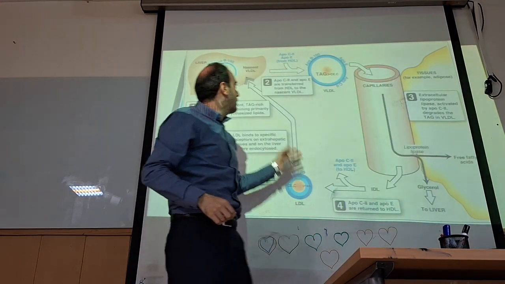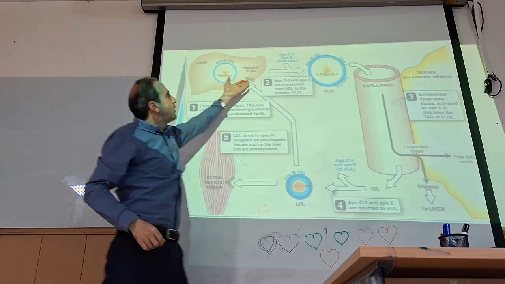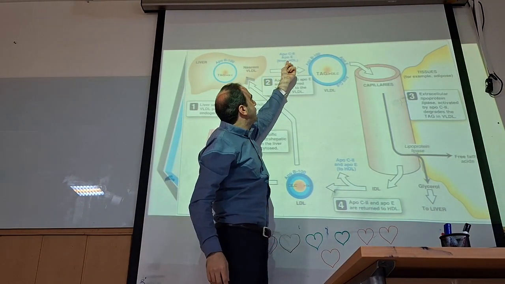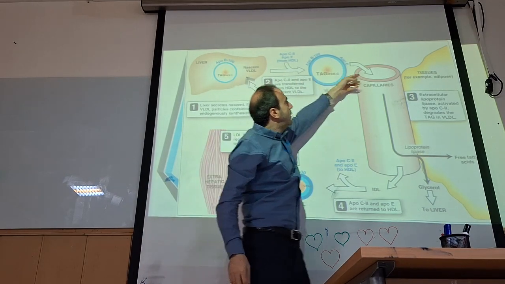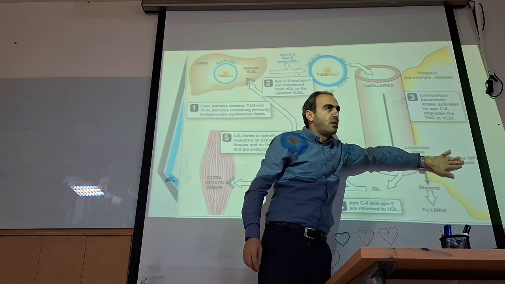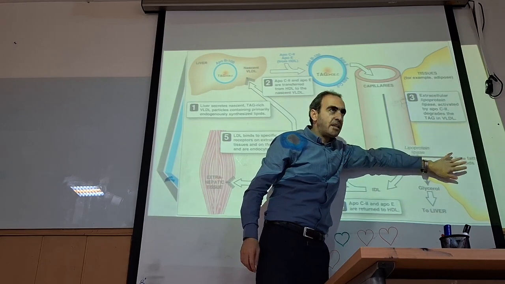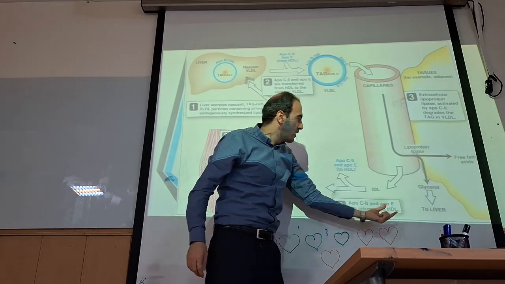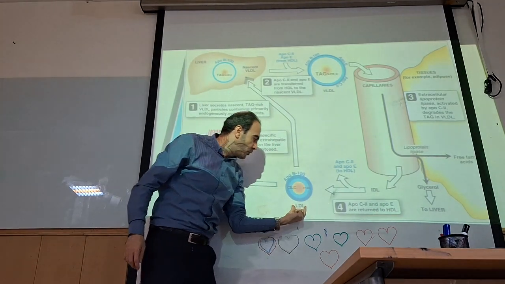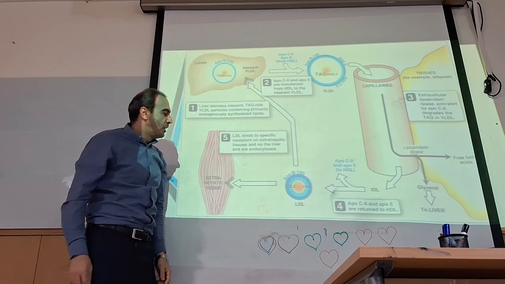Again, here you can see, from liver, we produce nascent VLDL, which receives ApoC2 and E from HDL, then by lipoprotein lipase it loses its fatty acid and triglyceride and produces IDL. IDL can be uptaken by liver or converted to LDL.